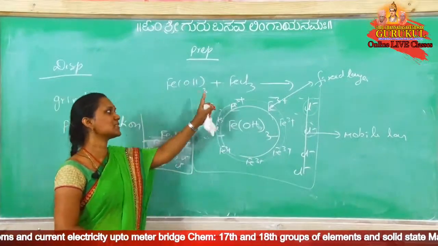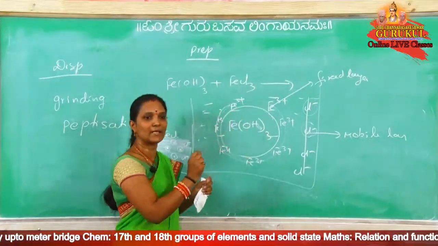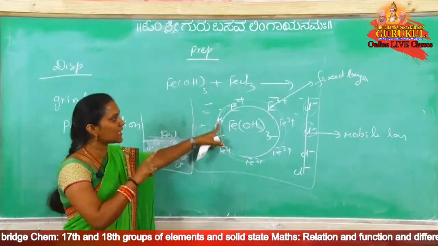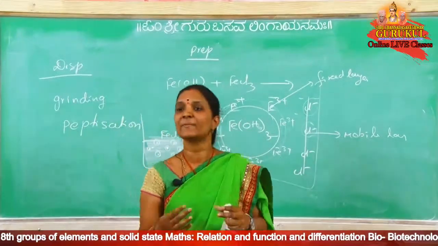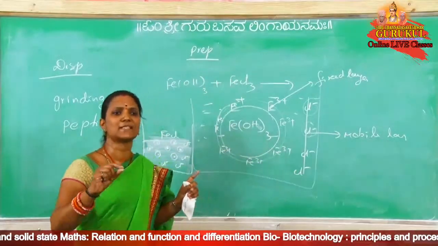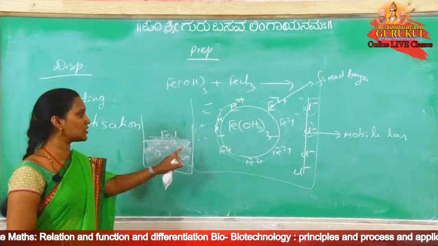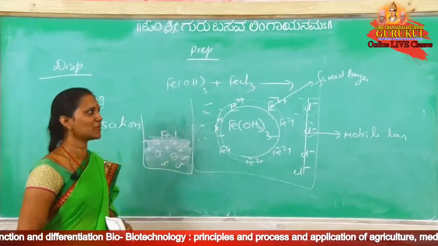How to break it down? Just add any suitable electrolyte. Then it separates into colloidal particles, and each particle is surrounded by positive or negative charge. If it is surrounded by positive charge, that colloidal solution is a positive sol. Ferric hydroxide sol is an example of a positive sol. So this process name is the peptization process.